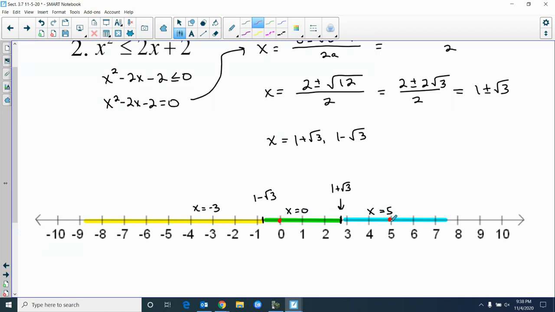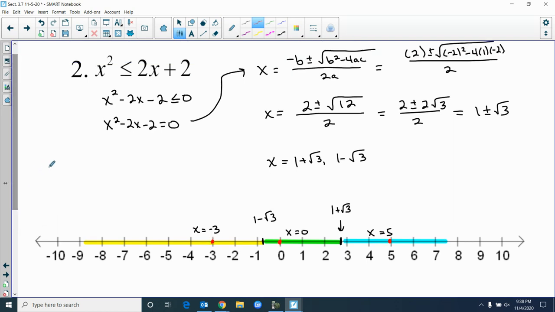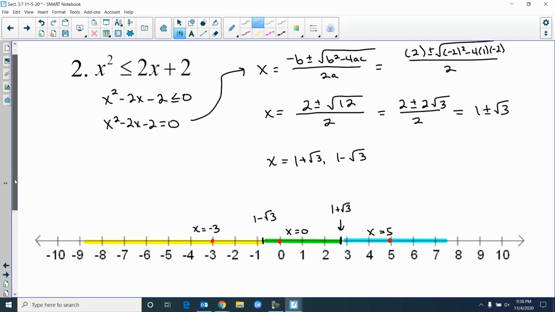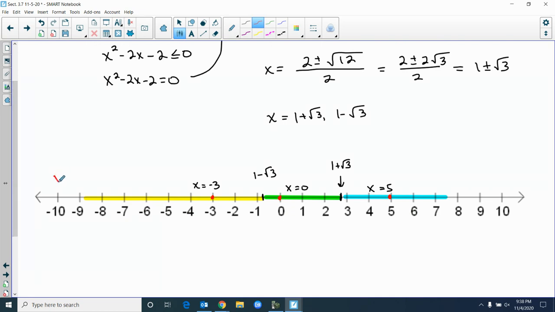Okay. Now, in the last one, I plugged it into the factored form. This one did not factor. So I'm going to need to plug it into x squared minus 2x minus 2 and see whether it's going to give me a number less than 0 or a number bigger than 0. So negative 3 squared minus 2 times negative 3 minus 2.